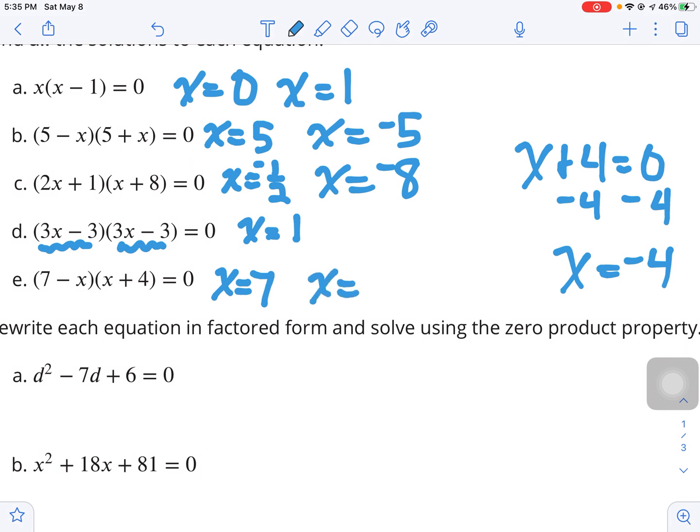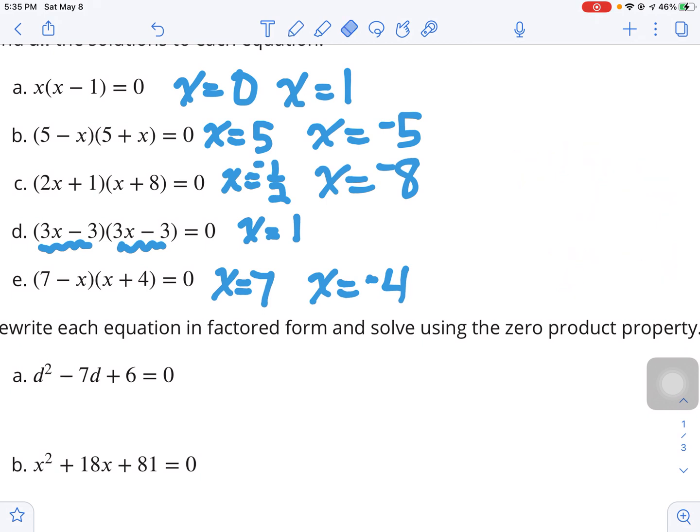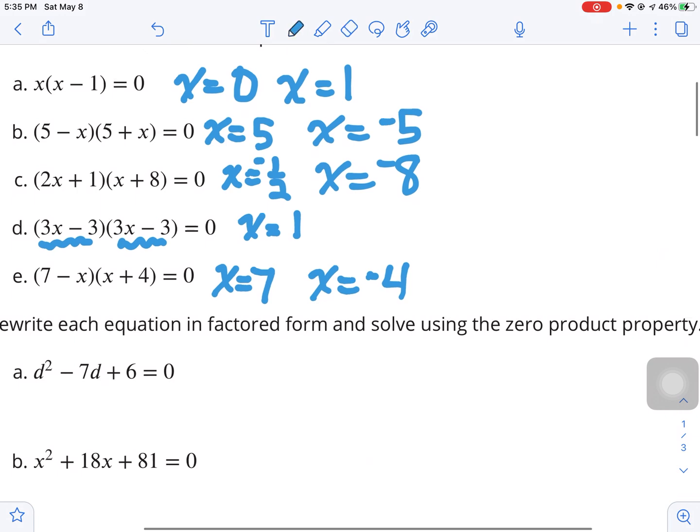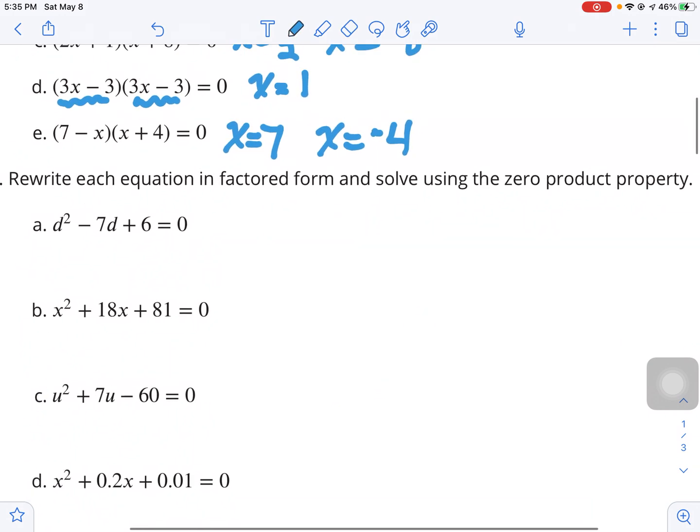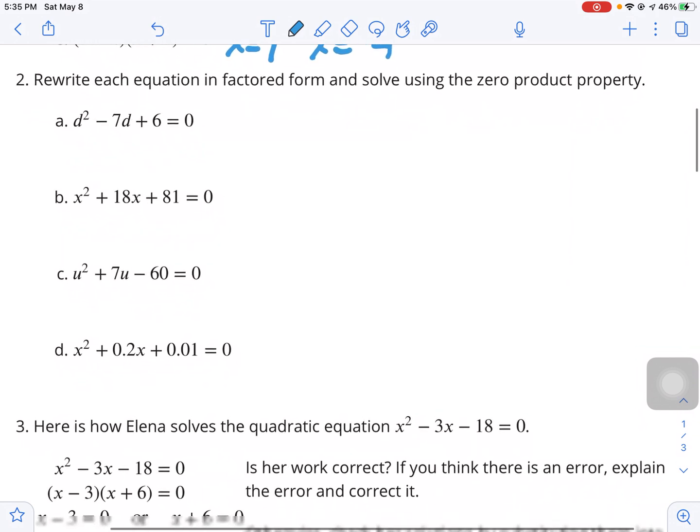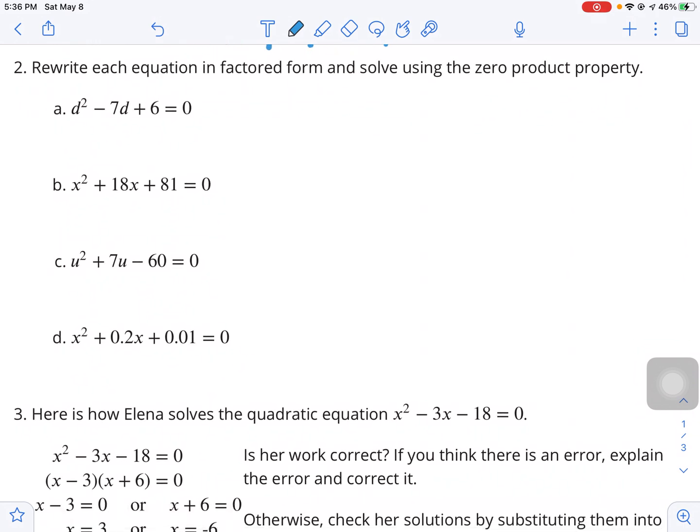So those are our two values for letter E. Either of those values for x would make that a true statement because you'd get 0 in one of those places. And when you multiply two things, our zero product property tells us if one of them is 0, your product is 0.